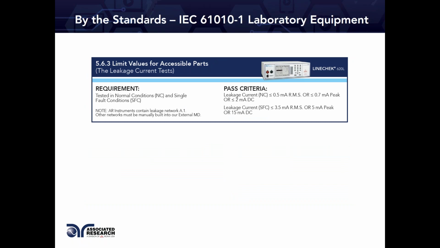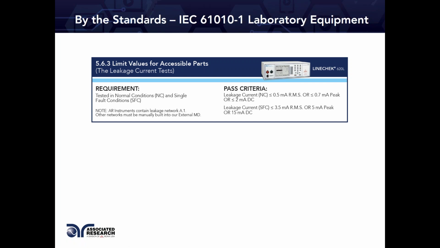Another requirement from a 61010 standard, this is the laboratory equipment, and in fact all the test and measurement equipment, the type of stuff that we make as a manufacturer of electrical safety test equipment. We have to comply with this standard and make sure that our products, before we put them in your hands, are complying with the standard. And as you can see, the requirements are similar.